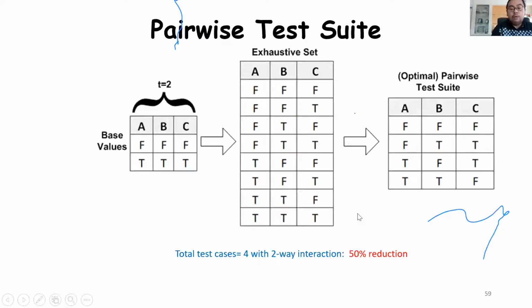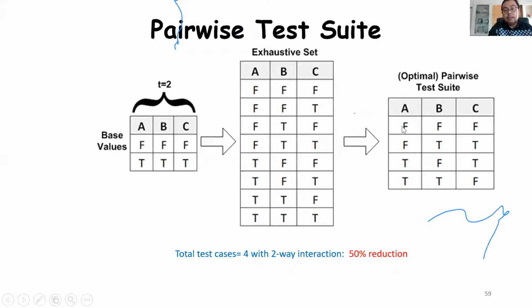Now, when you do this exhaustively, you learn this from your binary or from your logic design, whatever, logic programming, whatever. You get 8. But for optimal, for pairwise coverage, this is the minimum.